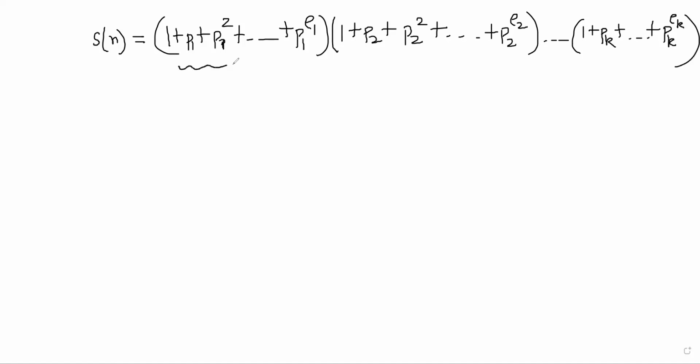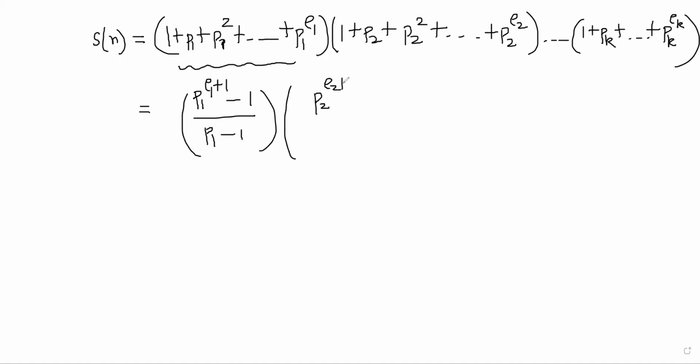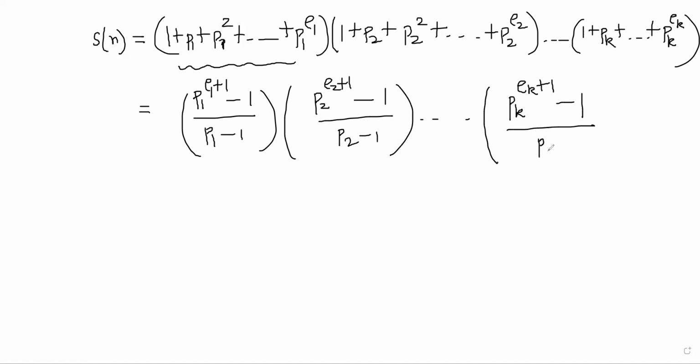So in each of these factors, you can apply the GP formula and you'll get p1 power e1 plus 1 minus 1 by p1 minus 1, multiplied by p2 power e2 plus 1 minus 1 by p2 minus 1, and so on till pk power ek plus 1 minus 1 by pk minus 1. So this is the expression for S of n, right?